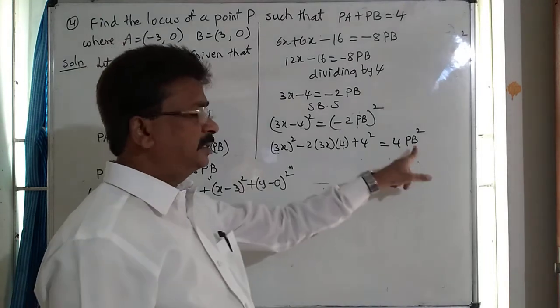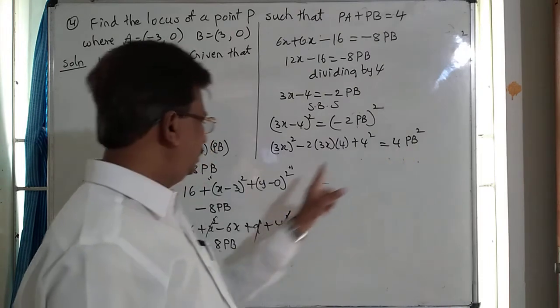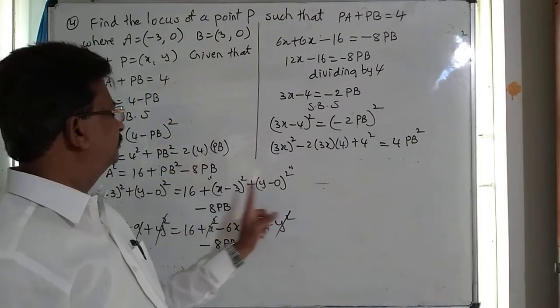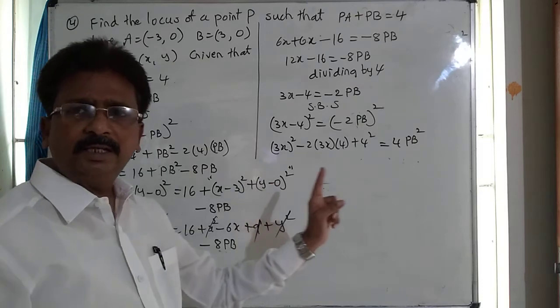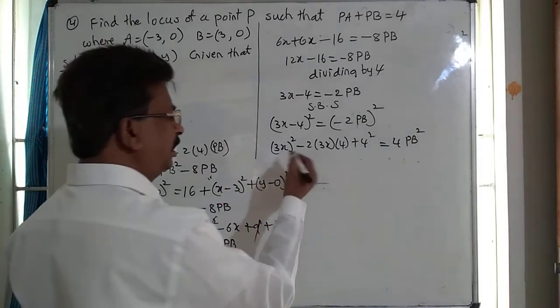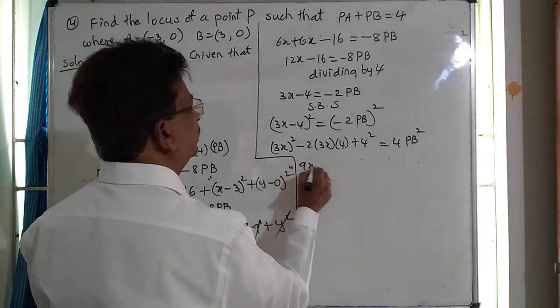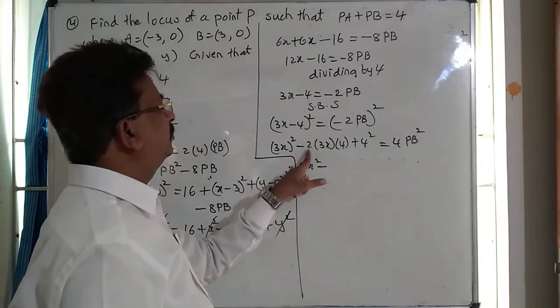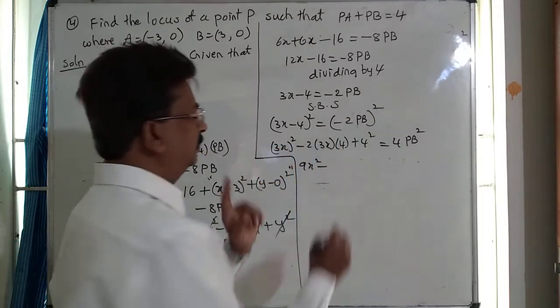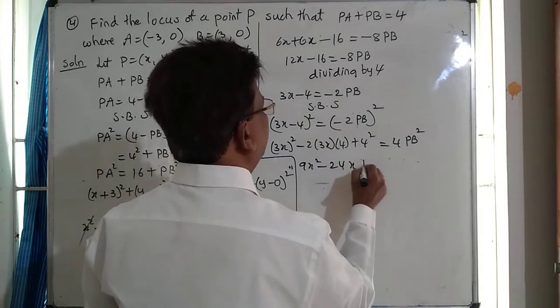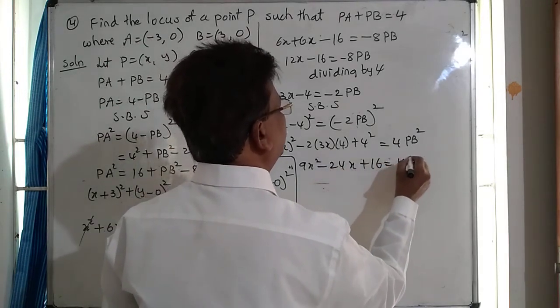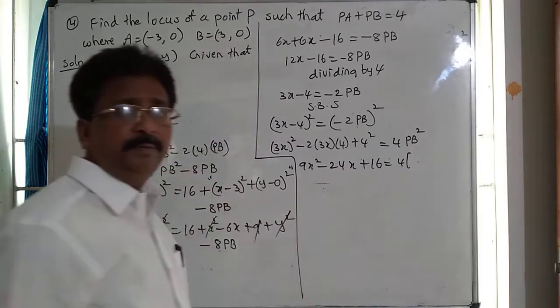Okay. Now let us write the PB square value. Here we have the PB square value: x minus 3 whole square plus y square. In the left side, let us simplify them. In the left side, this is 9x square minus 2 into 3, 6 into 4, 24x plus 16 is equal to 4 into, now what is PB square value?